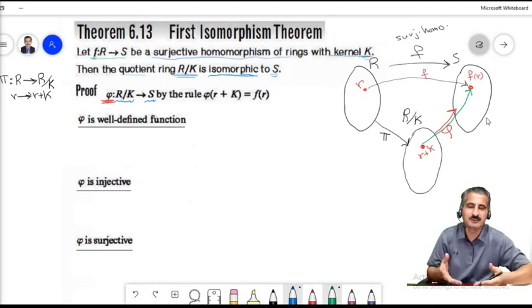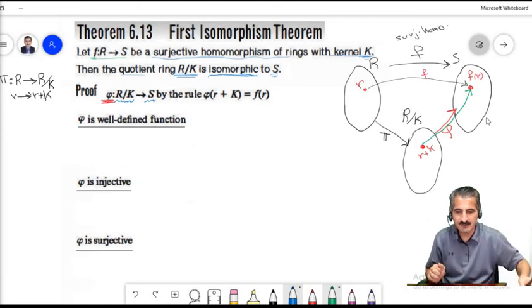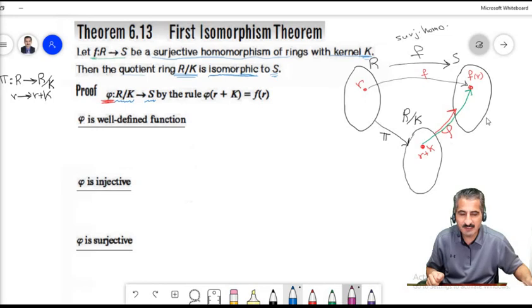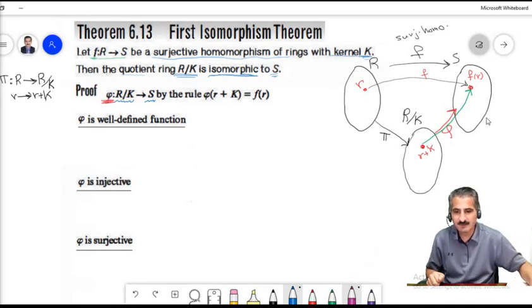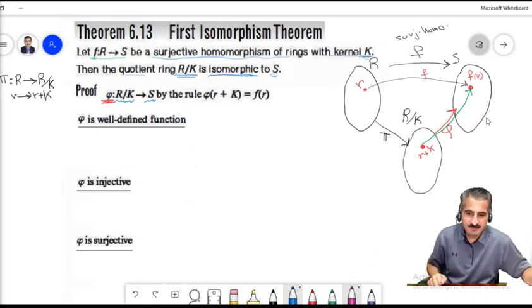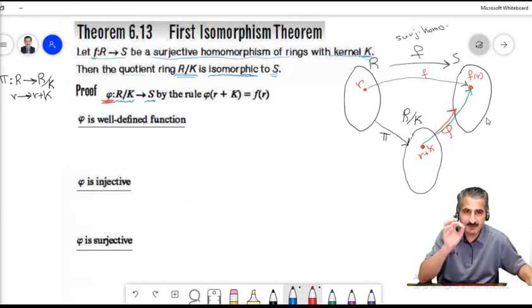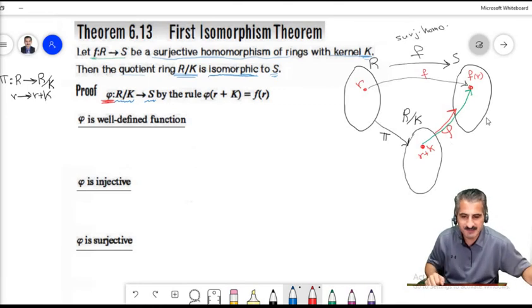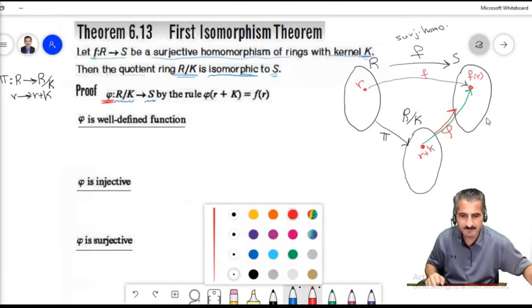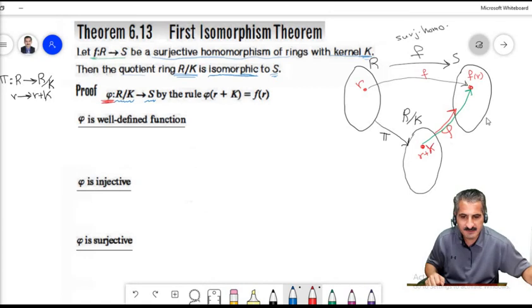Why are we doing so? Because we know that R plus K here, this is the very intuitive idea of isomorphism. R plus K is a set, not only an element. R here is an element, one single element.